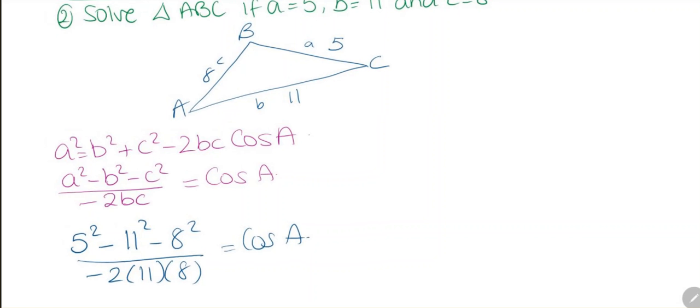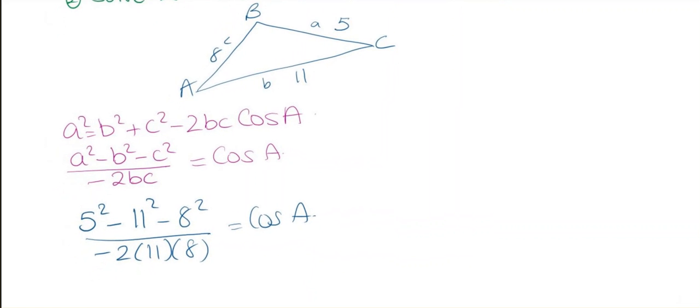So I'm going to put this in my calculator. Let's just double check that. So we got 25 minus 121 minus 64. So we've got minus 160 divided by minus 2 times 11 times 8, which is 176.